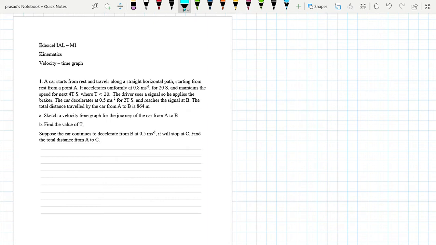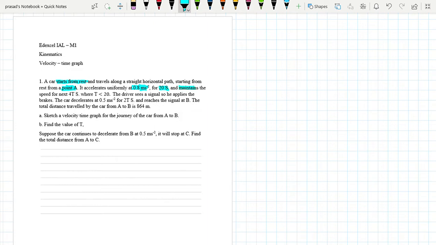They said that a car starts from rest and travels along a horizontal straight path, starting from rest from point A. It accelerates uniformly at 0.8 meter per second square for 20 seconds and maintains the speed.